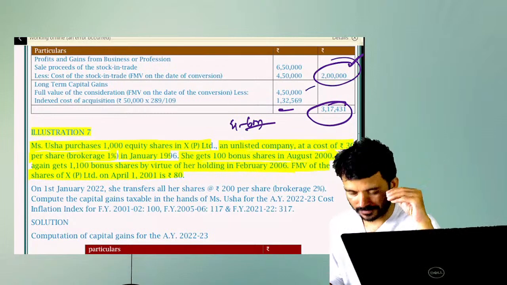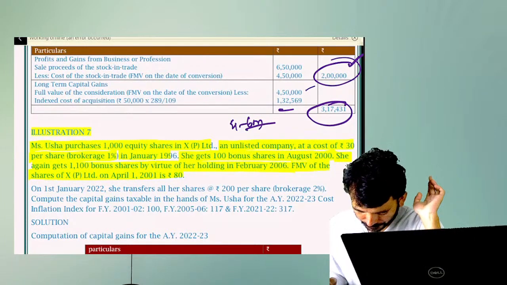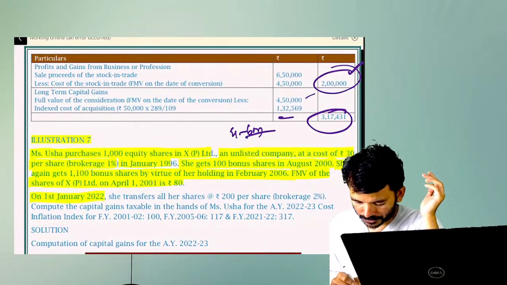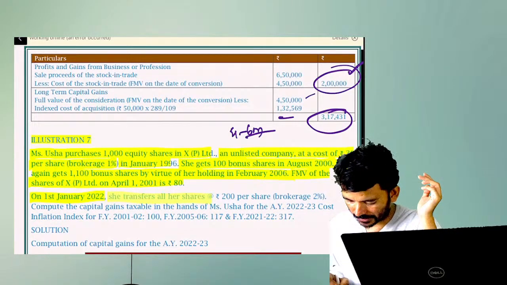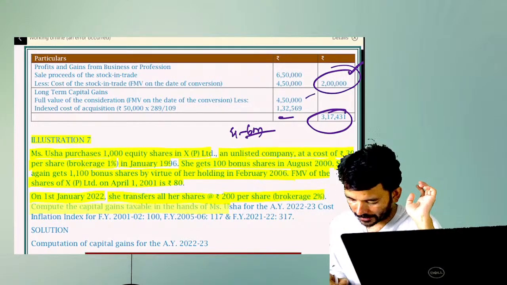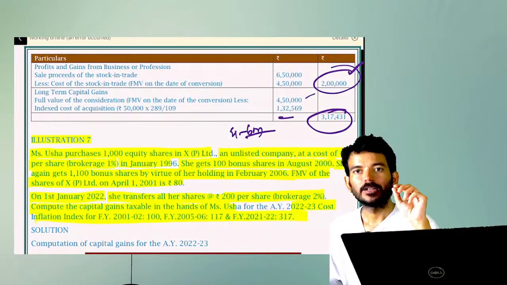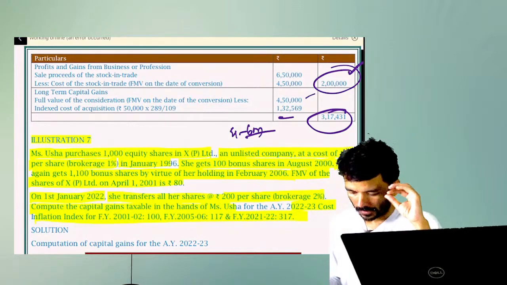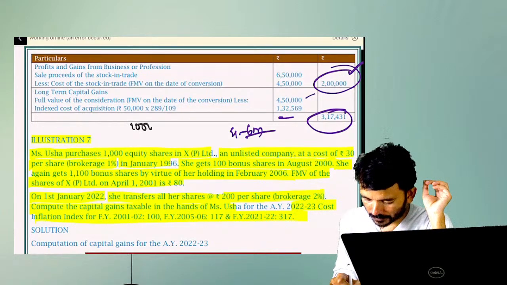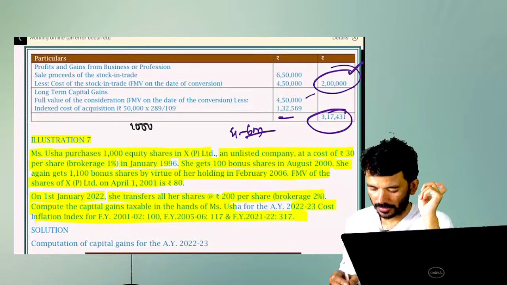I'm giving you an overview of answers. On 1st Jan 2022, she transfers all her shares at 200 per share, brokerage is 2%. Compute the capital gain in the hands of Miss Usha for this year. Cost inflation index is given. Initially she had 1000 shares, so you make 3 columns or tables.